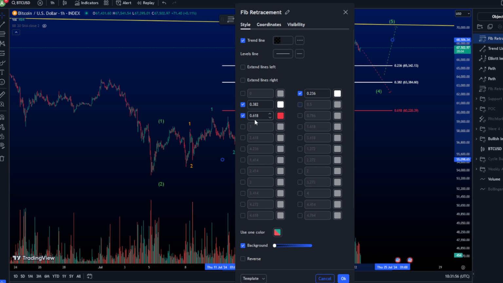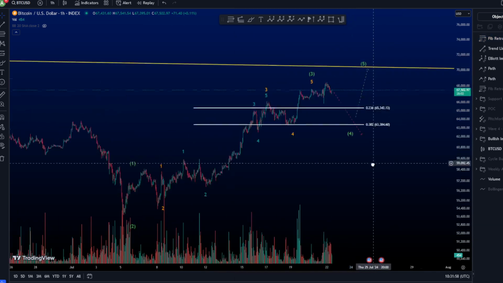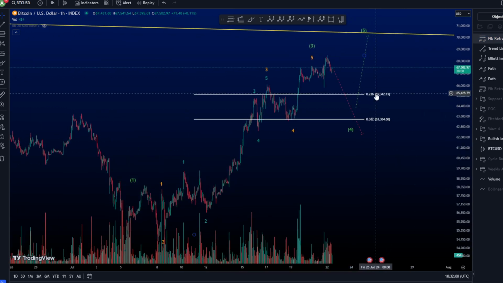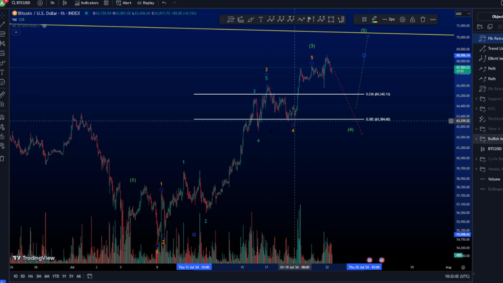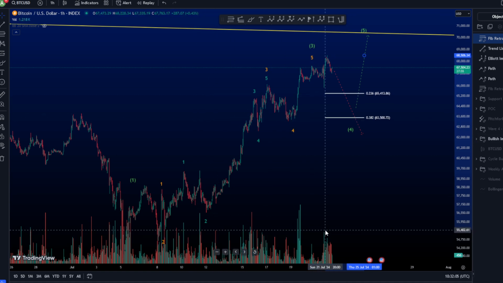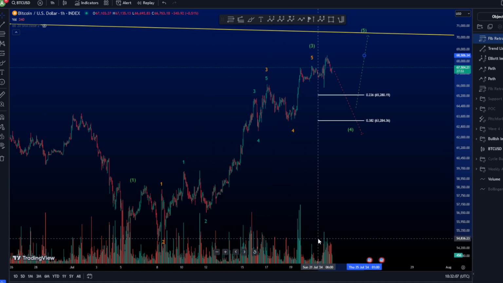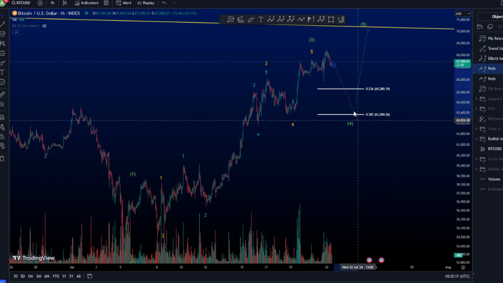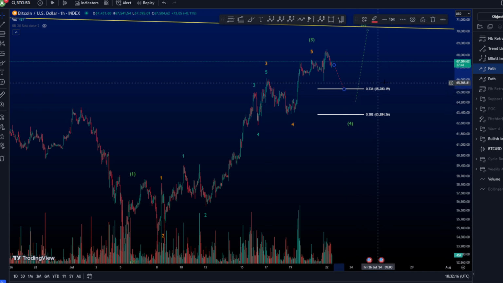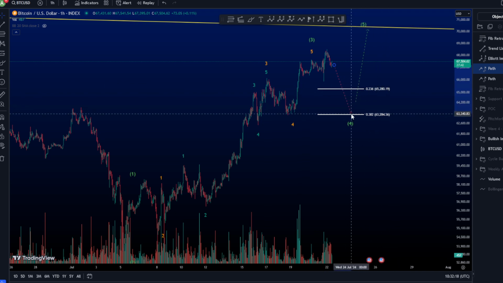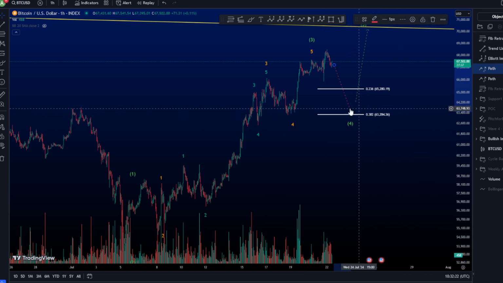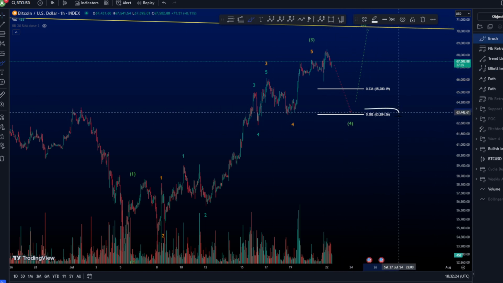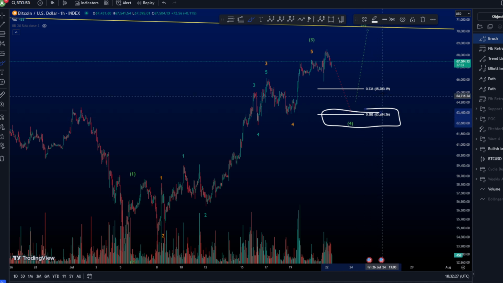I'm gonna remove this for fewer things on the chart. What I'm expecting, guys, is this is wave 2 here. What I'm expecting is a retracement for wave 4 around this area, between 65,200 and 63,200, preferably this area.